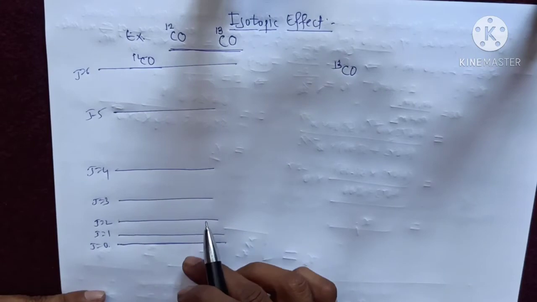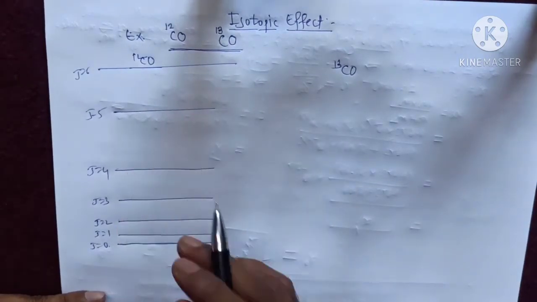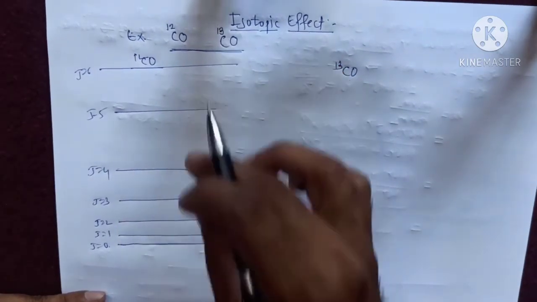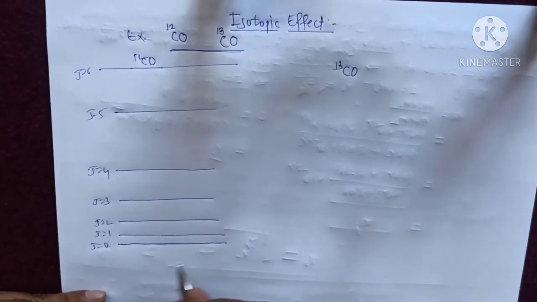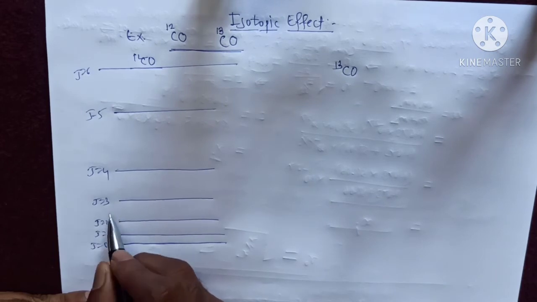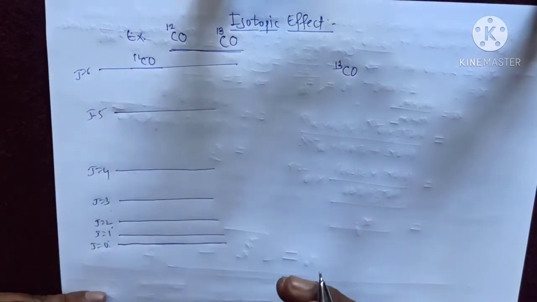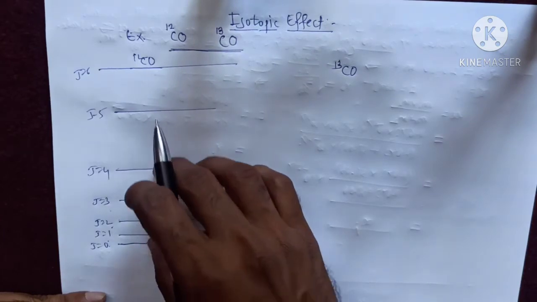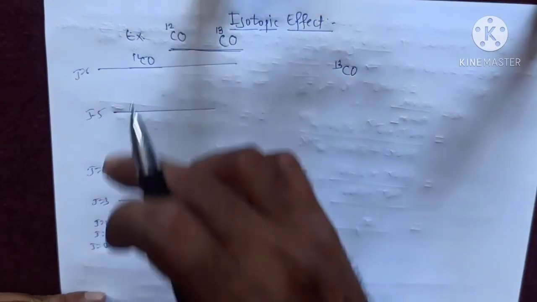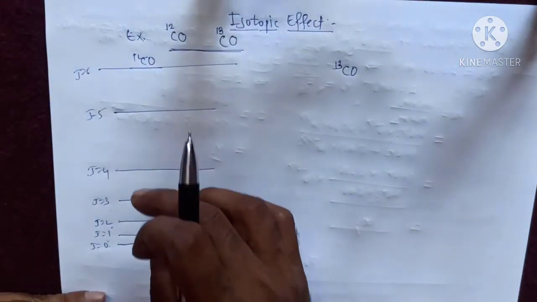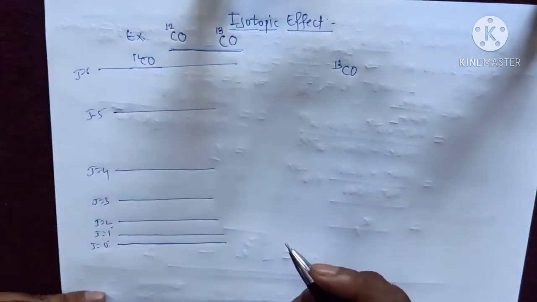So as the value of J increases, the gap between the energies increases. In the first case it is 2B, then it becomes 4B, then 6B, and so on. So as we go up with respect to the J values, the spacing between the lines, the gap of the energy levels, increases.